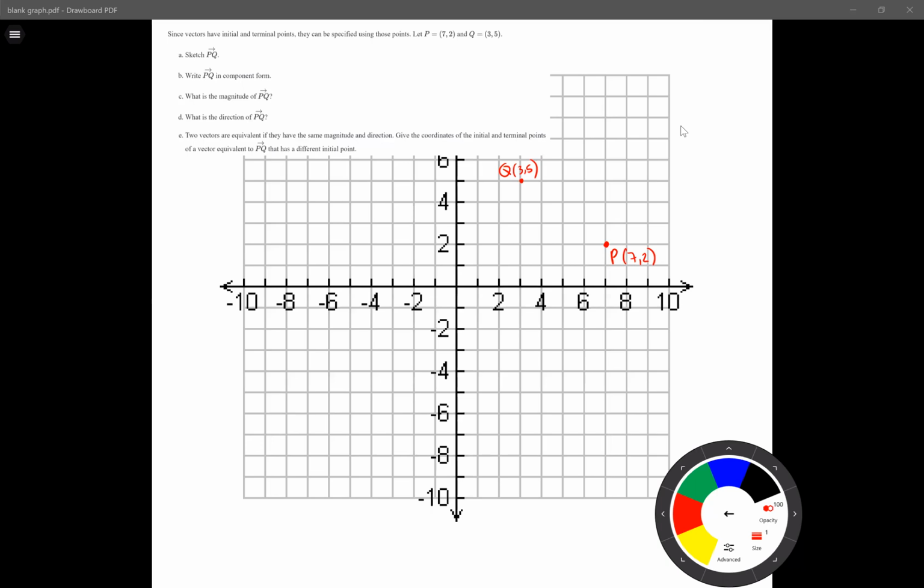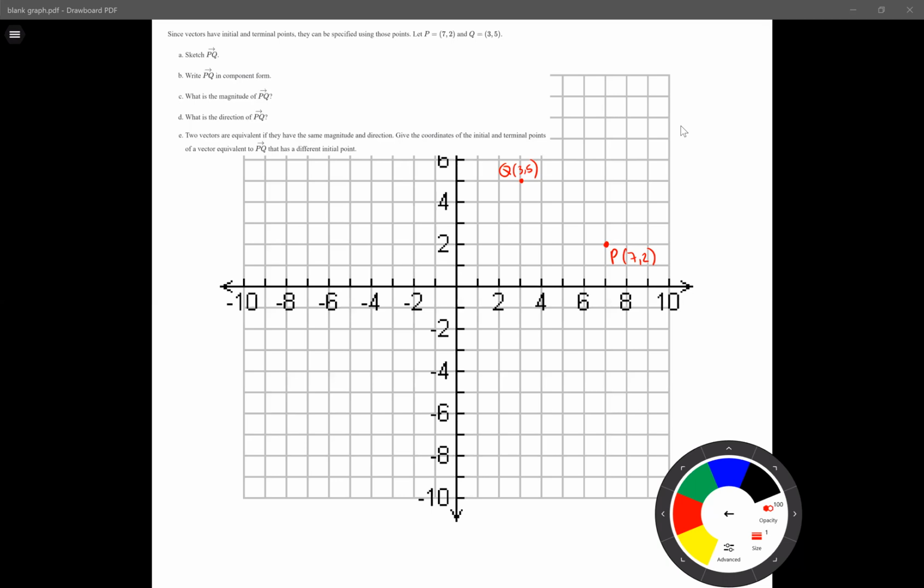So my next question is, what if I start from Q to P? Is that the same? Okay, my question again, what if I start from Q to P? Do I still have the same vector as PQ?